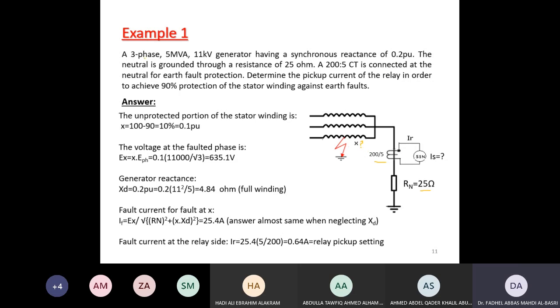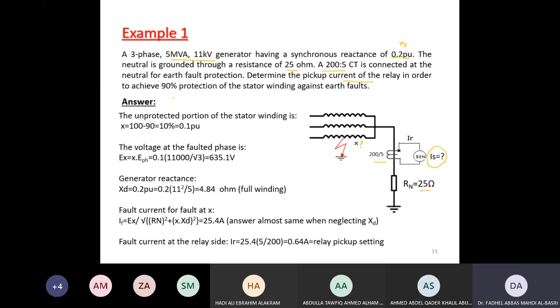I have the rating of the transformer, its reactance XD, or XS in this case. Compare the neutral grounded through 25 ohm. This is this ratio, and determine the pickup current. Yeah, I want to find the pickup current.